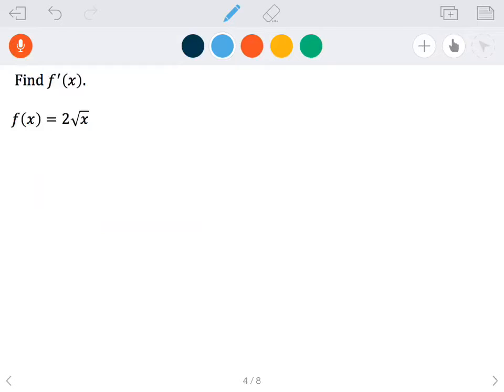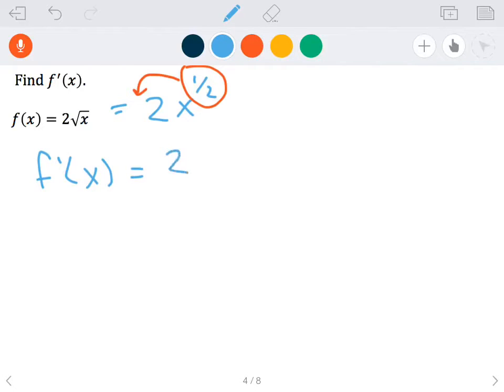Let's do another one. Find f prime of x, where f of x is equal to 2 square root of x. Once again, for me to use the power rule, I'm going to start by rewriting this. You can rewrite square roots as fractions, and that makes it a little bit easier to see what I need to do. I need to take this exponent, multiply it out front, so f prime of x is equal to 2 times 1/2.